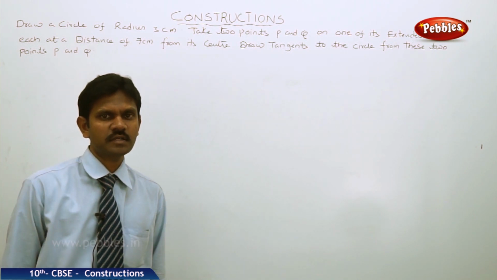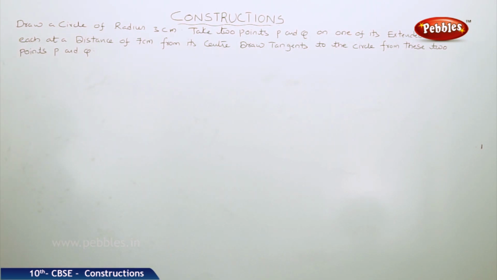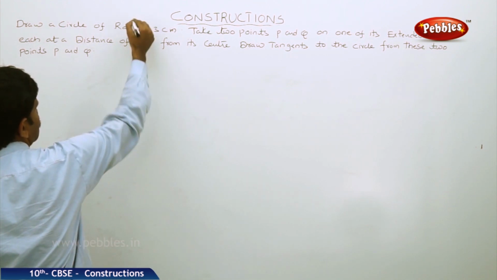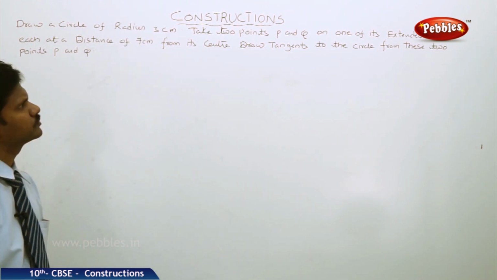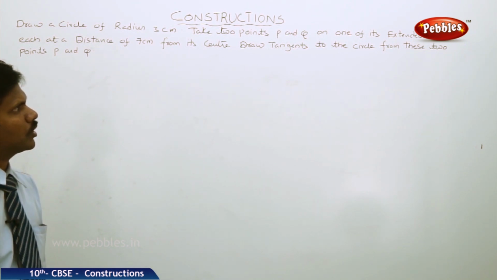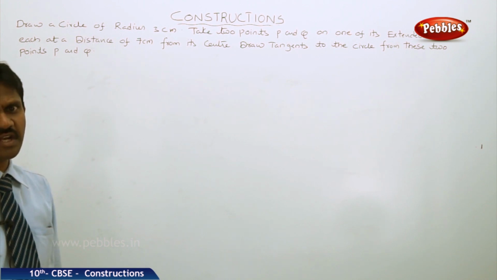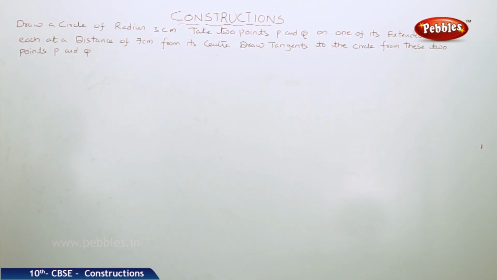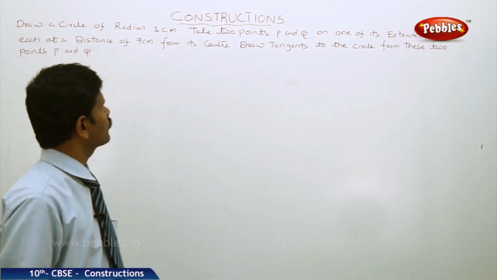Let us see the next construction. Draw a circle of radius 3 centimeters. Take 2 points P and Q on one of its extended diameters, each at a distance of 7 centimeters from its center.